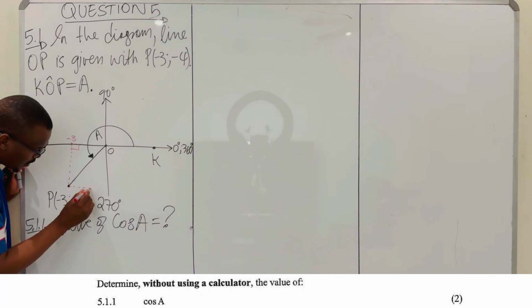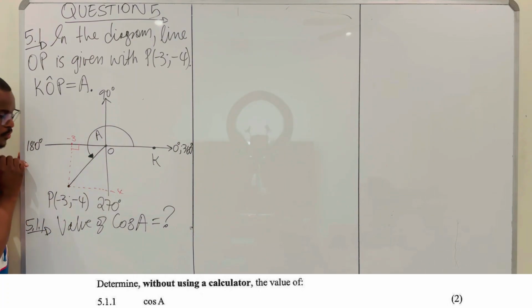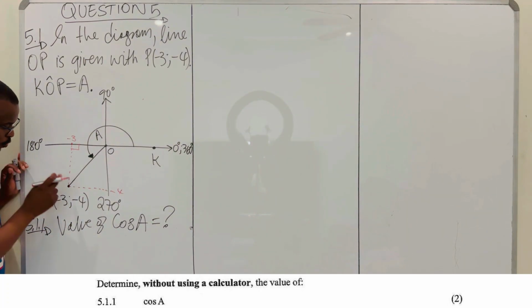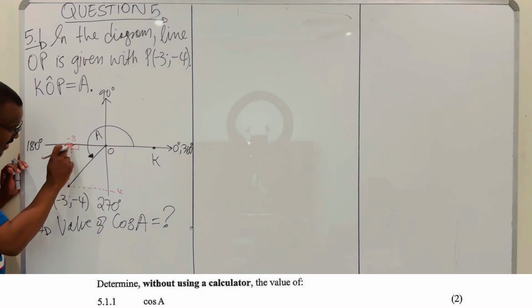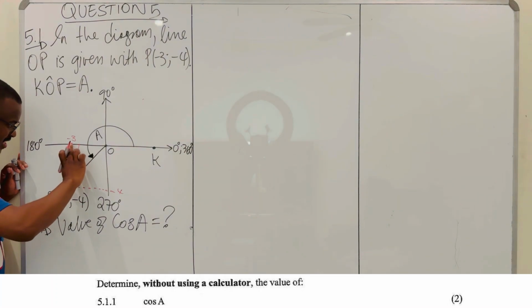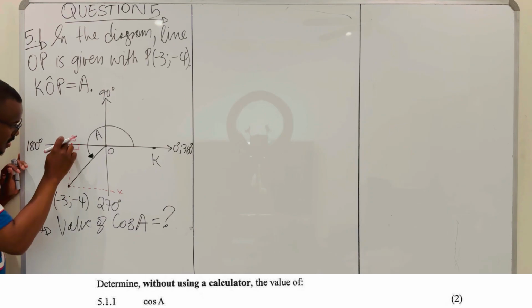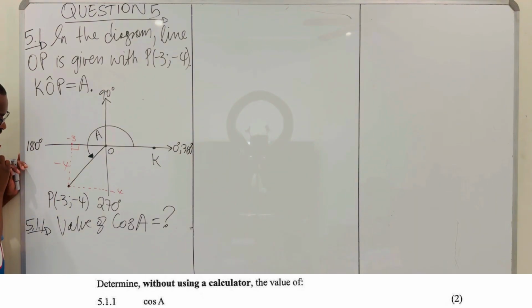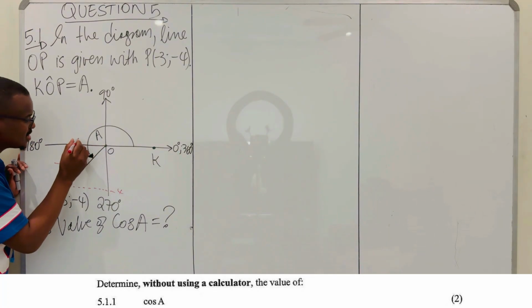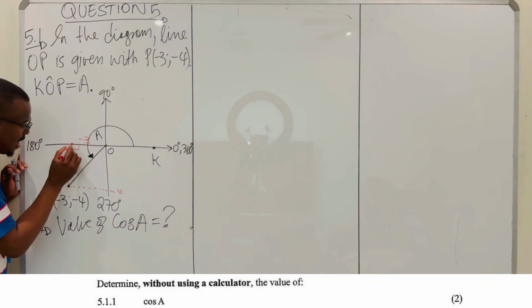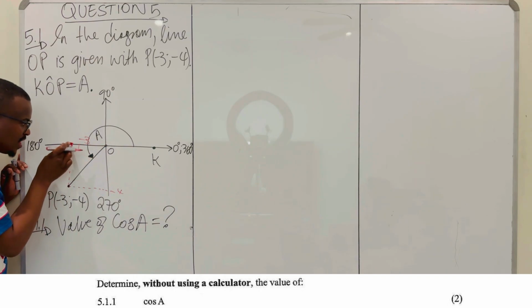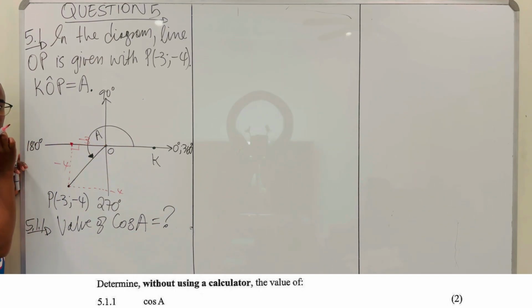So this side is 4 units down from the x-axis. And you can say this side here is 3 units, because you know that the x value there is -3. So from there to there is 3 units. That's the first thing that you have to do.